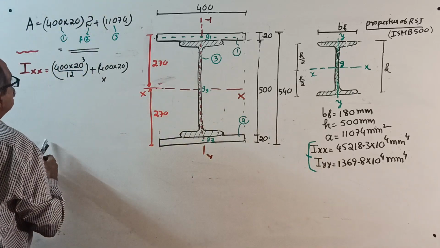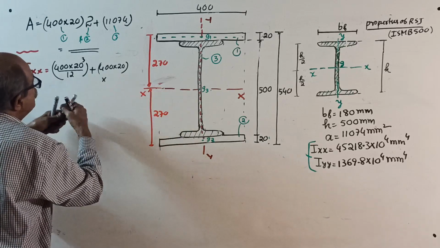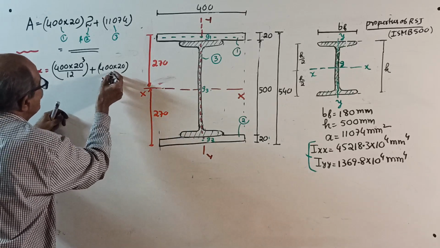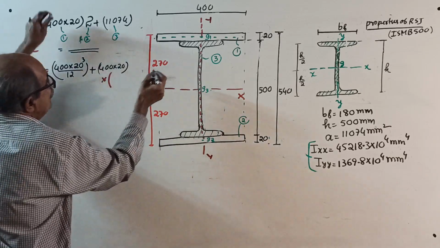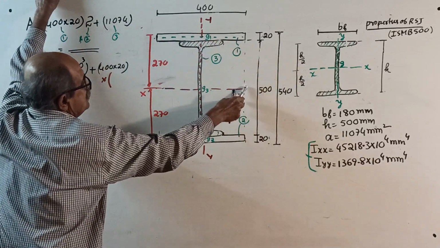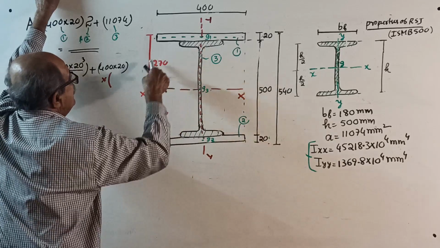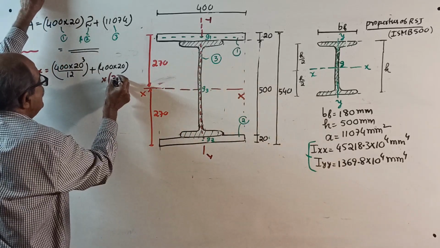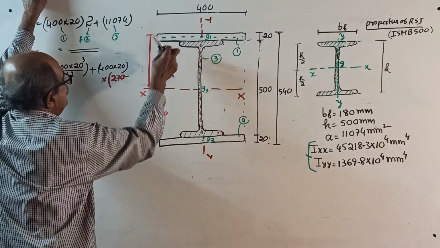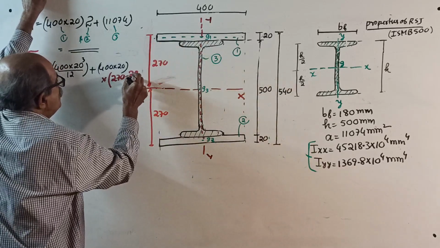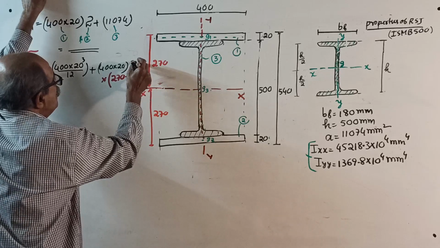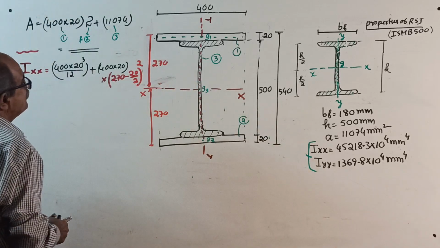So here the space is not there. I write here: into, from centroid G1 to x-axis, this distance squared, 270 minus 20 by 2, whole square. This is I about x-axis.